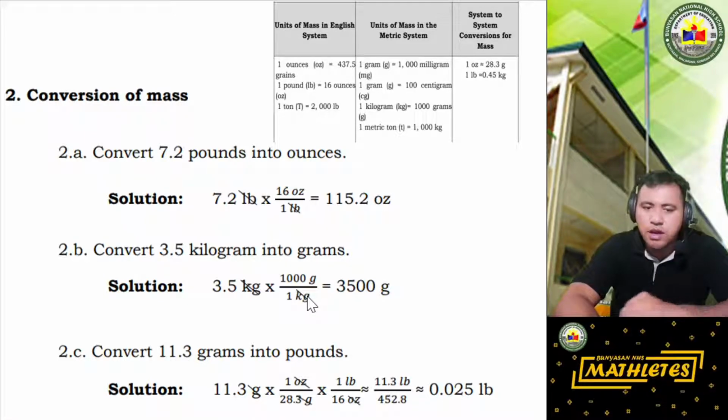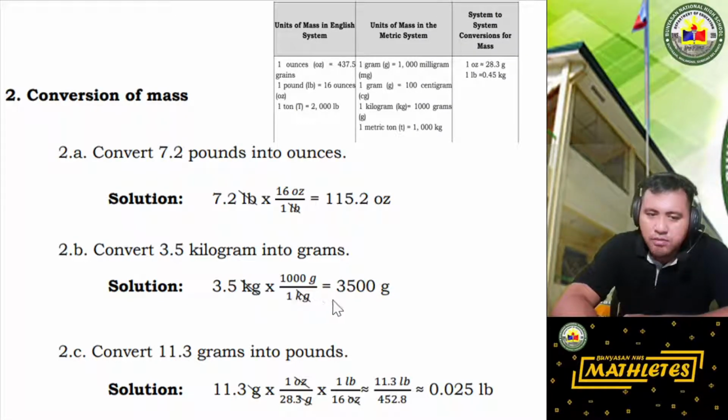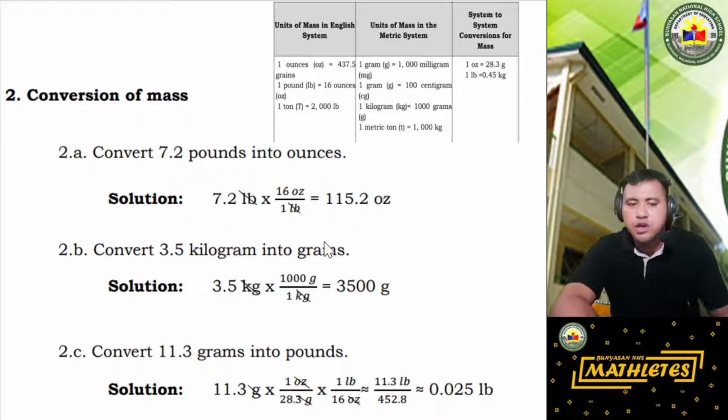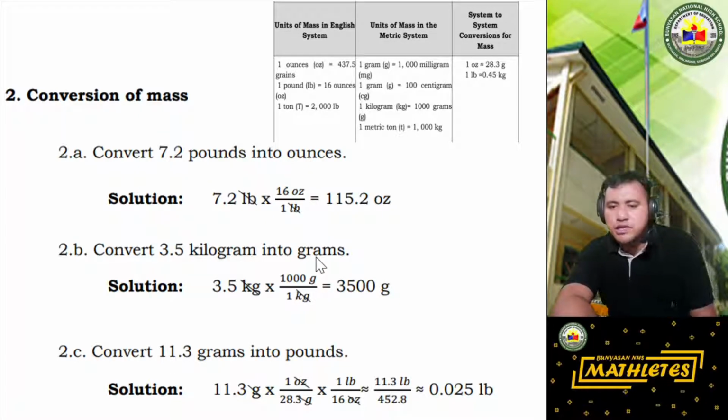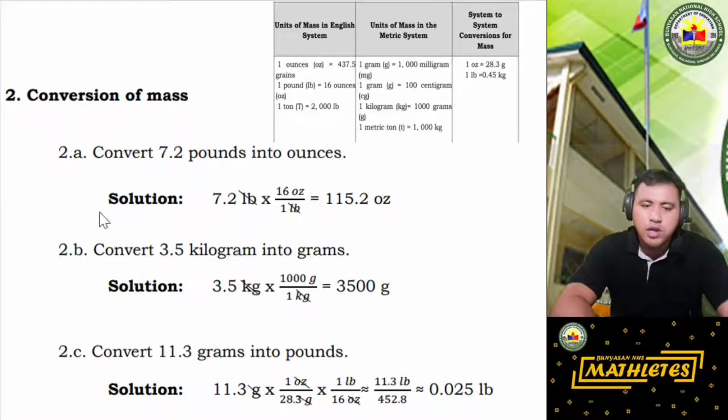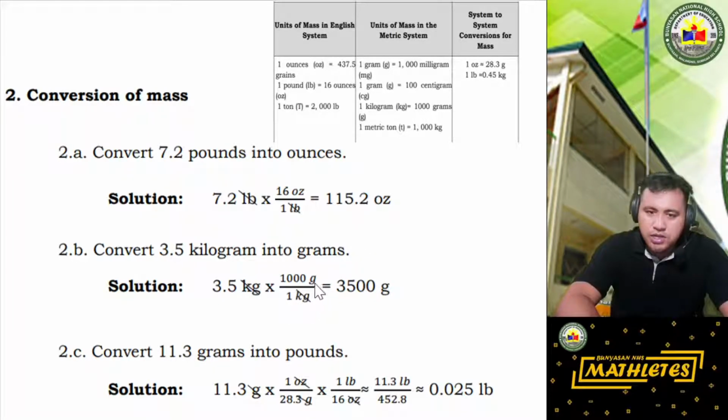Upang makancel si kilogram, kailangan yung conversion factor natin, if we are going to rewrite that one into fraction form, kailangan si kilogram nasa baba. So we have cancel si kilogram, wala na si kilogram. The remaining unit now is gram. 3.5 times 1,000 is equal to 3,500 gram.